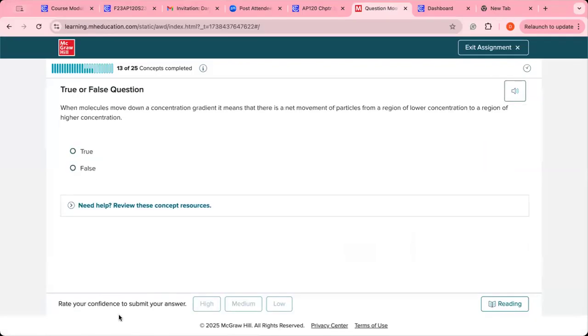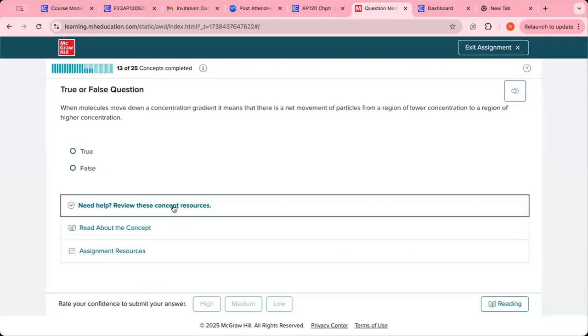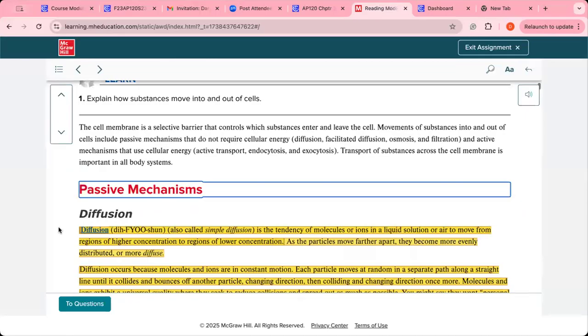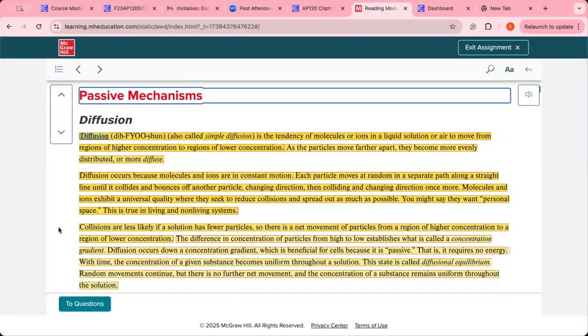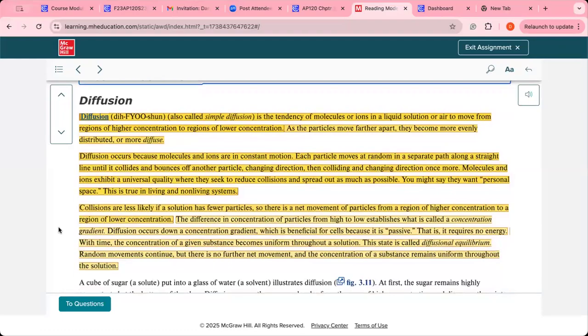Okay, next is when molecules move down a concentration gradient, it means that there is a movement of particles from a region of lower concentration to higher concentration. Is that how it works? True or false? Okay, so they move from, look, higher concentration to lower concentration. See on the second line?